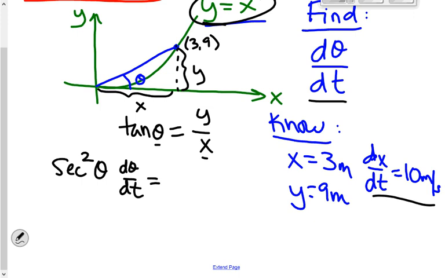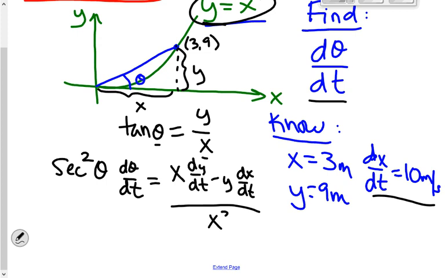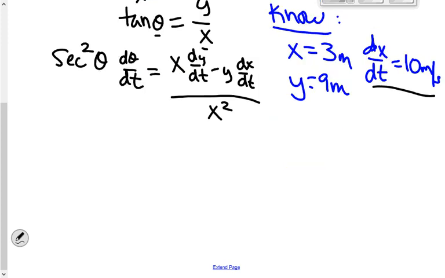Times u prime. You got it. Okay, Casey had it for us. So what's v in this problem? X. What's u prime going to be? Dy dt minus good Sarah, all over x squared. Okay.